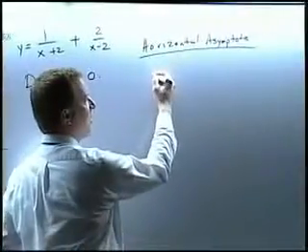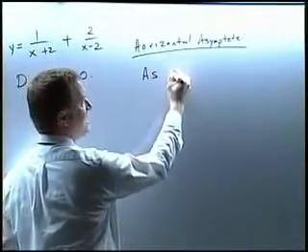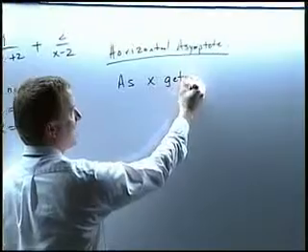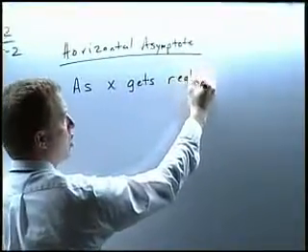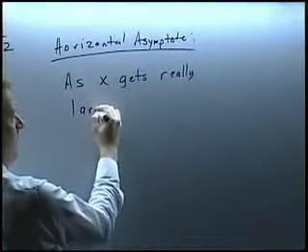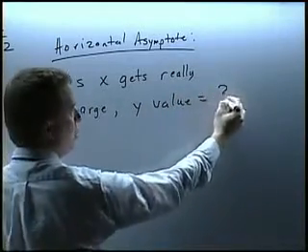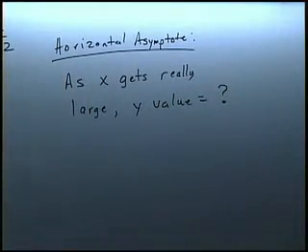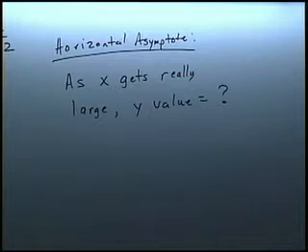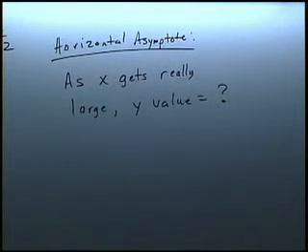A horizontal asymptote is as the x value gets really large, the y value equals what? That's what this is asking. A horizontal asymptote says as the x value gets really, really large, what happens to the y value?